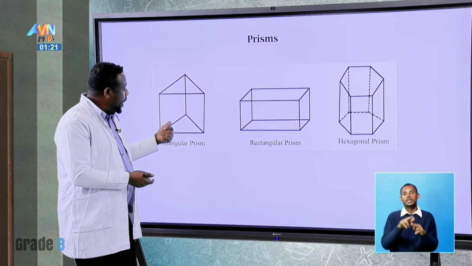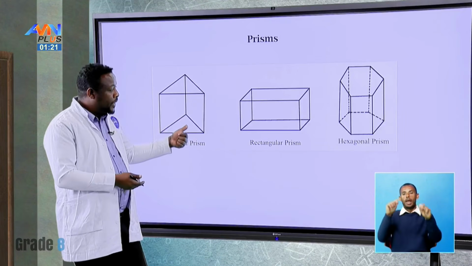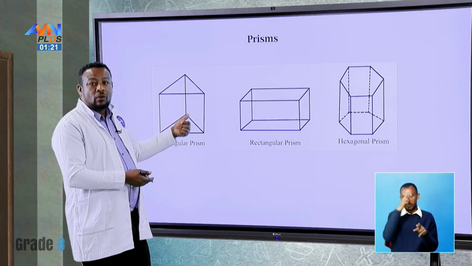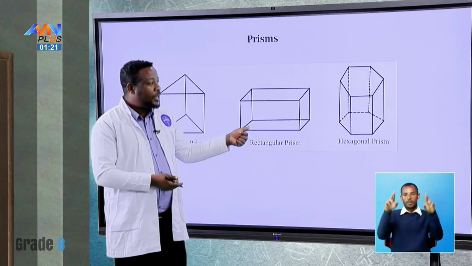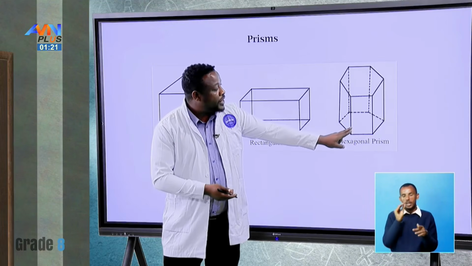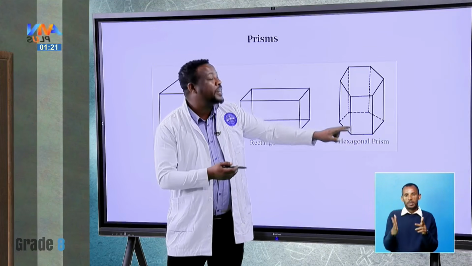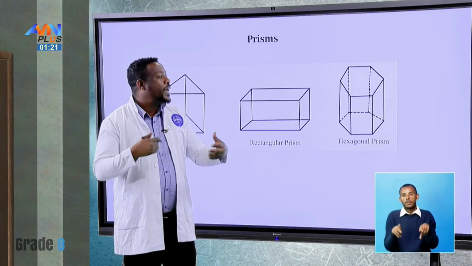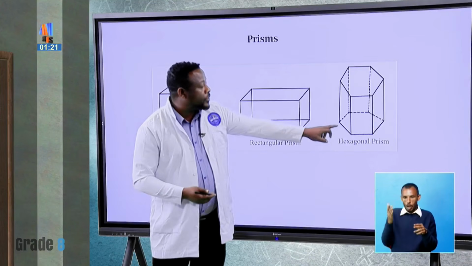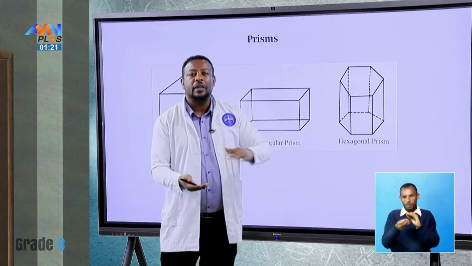This is called a triangular prism because the base is triangular, and this is called a rectangular prism. The third solid figure here is called a hexagonal prism, because of the number of sides on the bases.